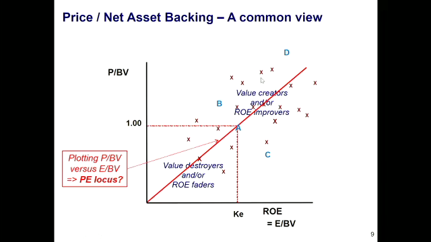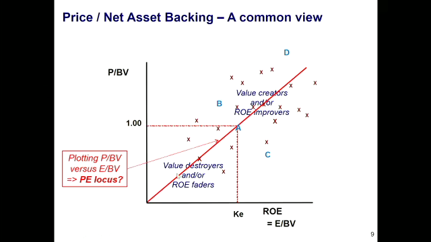Let's have a look at several examples here. For company A, it's nicely sitting on a price to book value ratio of 1 time. So it's fairly priced relative to its book value of equity, and its return on equity is equal to its cost of equity. Does it create value for shareholders?